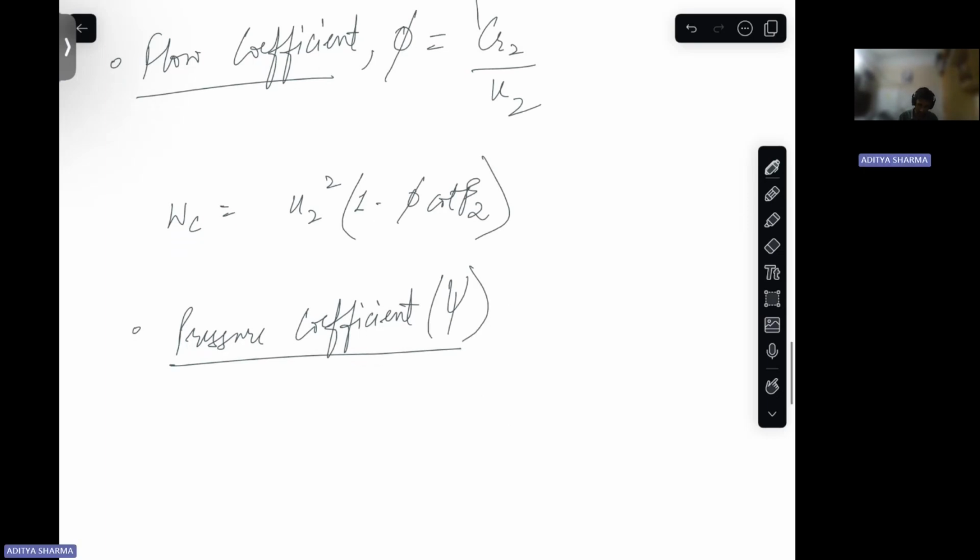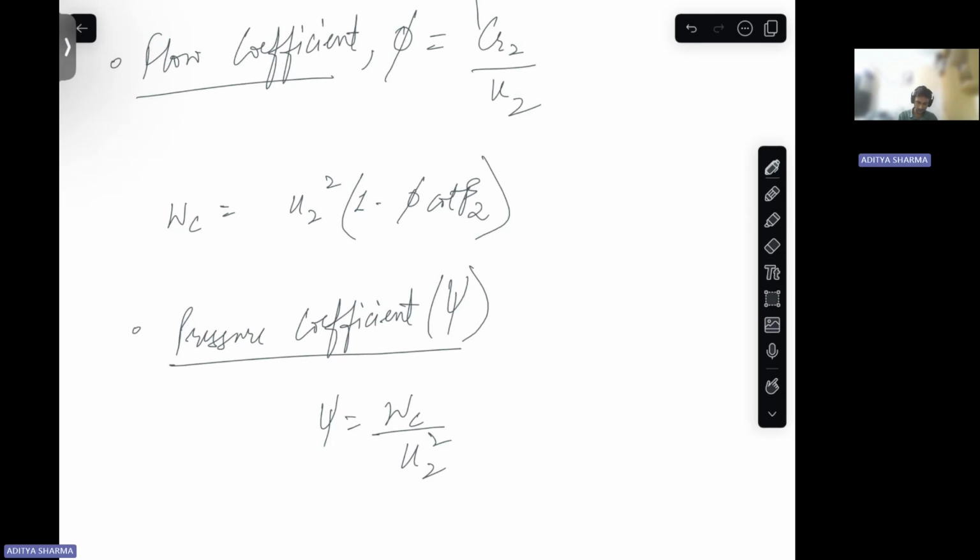So this basically is psi equal to WC by U2 square. Now what is U2 square? U2 square is basically the maximum work that you can take out of this centrifugal compressor if you have this U2 velocity with you. Okay.